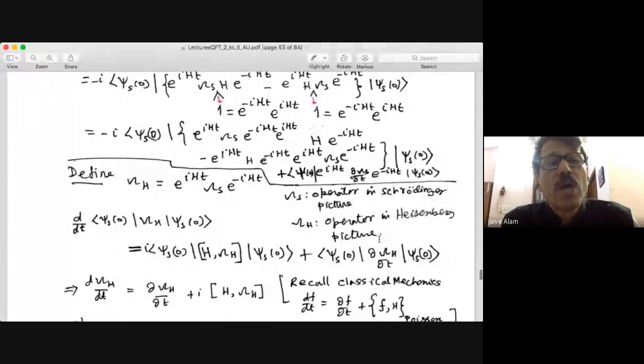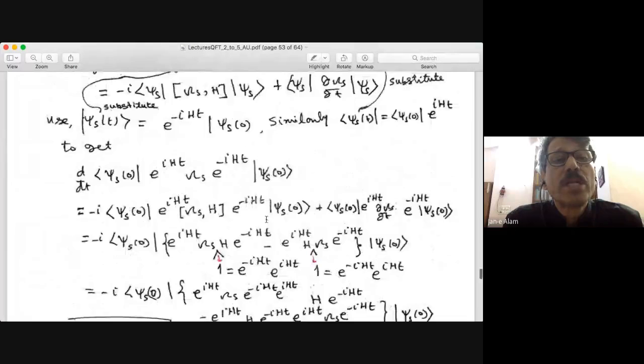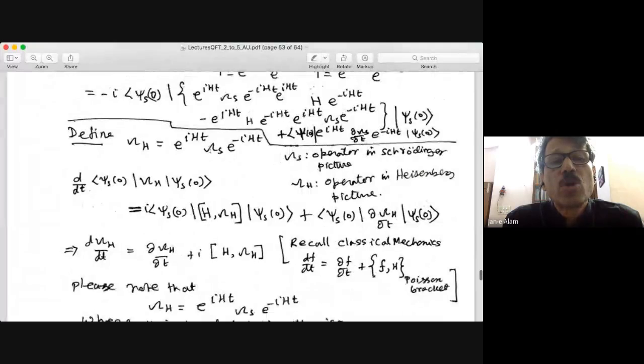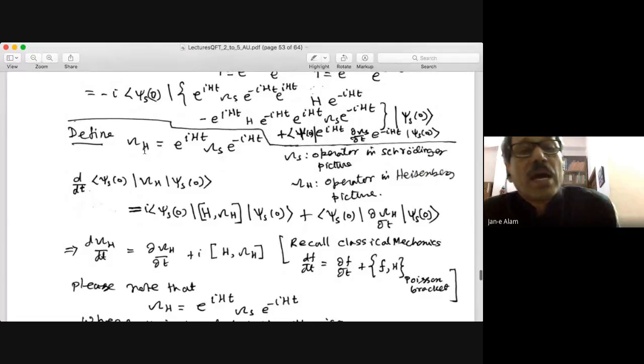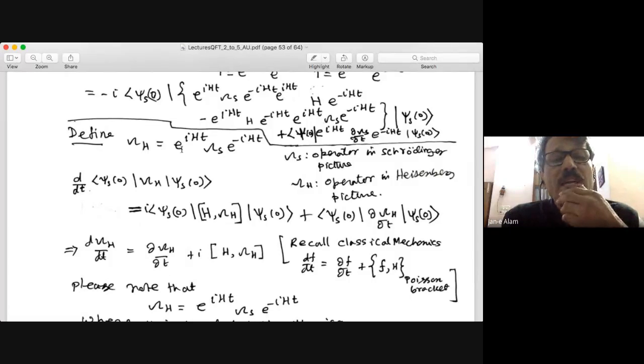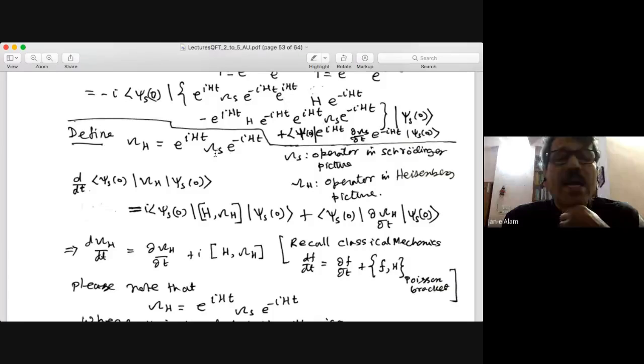Now what I do, I define the operator omega s in the Schrodinger picture, e to the i h t omega s e to the minus i h t, and I write this as omega h, the omega in the Heisenberg picture. Please note that yesterday I used this particular relation to calculate the time dependence of the annihilation operator a.